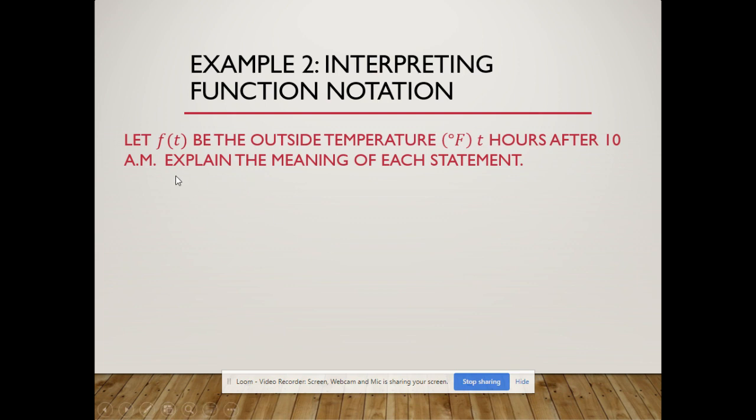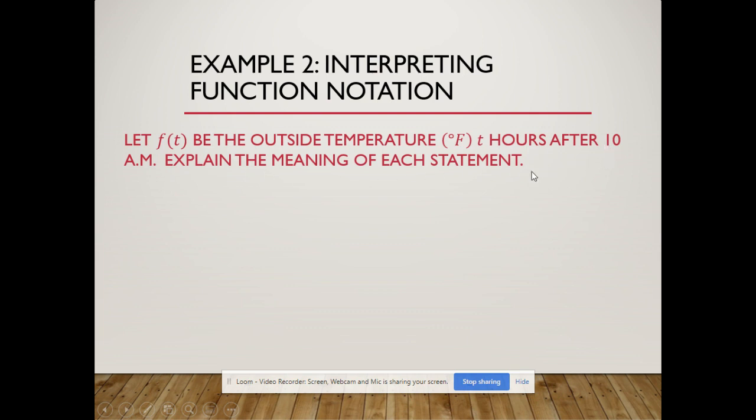So here we've got this example where f of t represents the outside temperature in Fahrenheit. So F is our function, T is just the input, but F is the function. F is representing the outside temperature in Fahrenheit. T is representing the hours after 10 a.m.